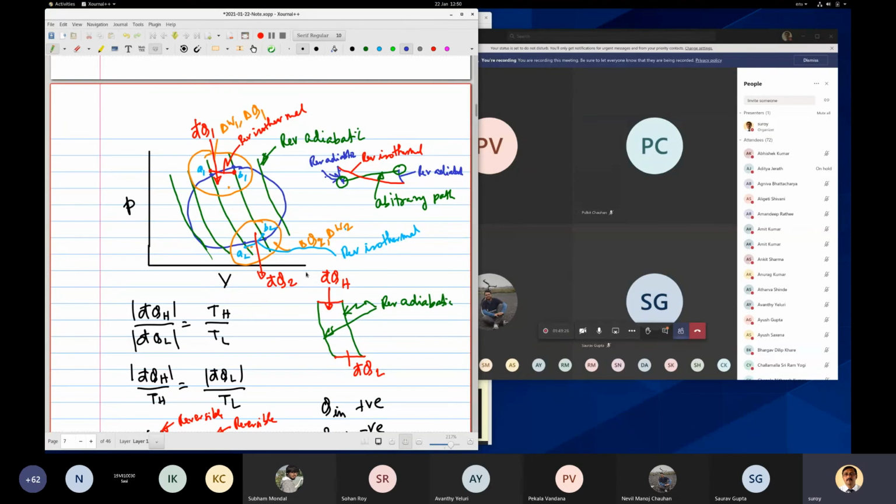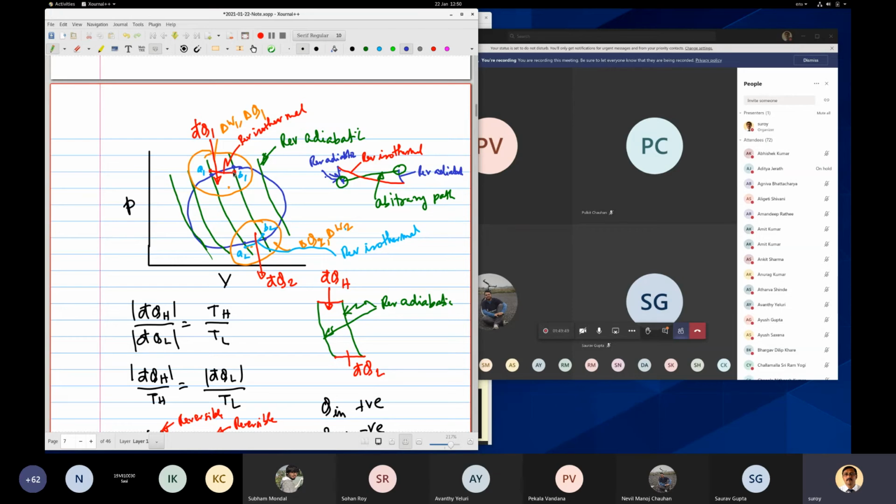So if I take out this piece, bounded by 2 reversible adiabatic, here there is dQ1 and here there is dQ2. I have replaced it by a reversible isothermal here and another reversible isothermal here.